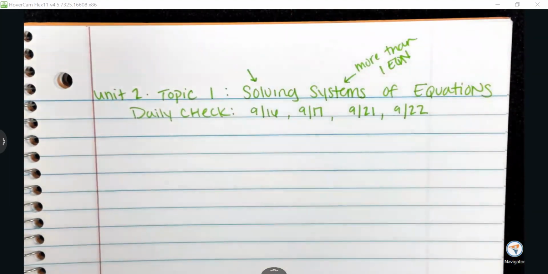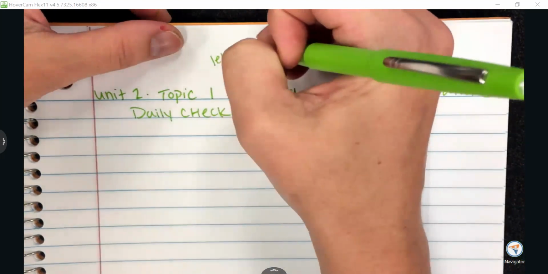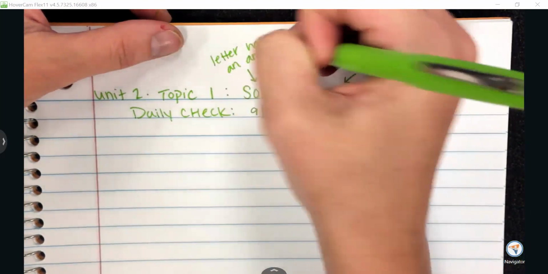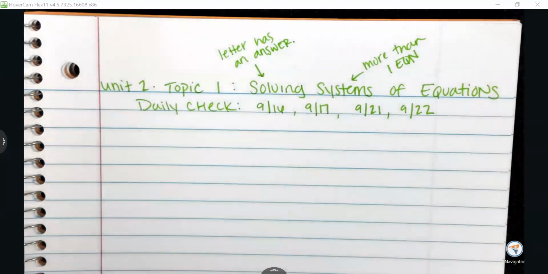X equals 5, Y equals 2, Z equals 4, okay? So every letter has an answer. If X equals 4 for the first equation, X has to equal 4 for the second equation. I can't have 2 different numbers for X's, okay?